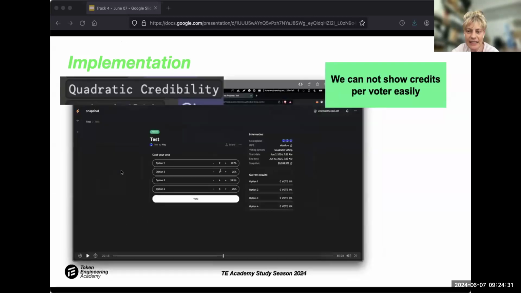Quadratic credibility. This is an interesting case because here on the UI side, we have several challenges. So number one, we cannot show credits per voter easily. Felix, I think the first idea, or the general concept, is built upon ERC20 tokens, right?